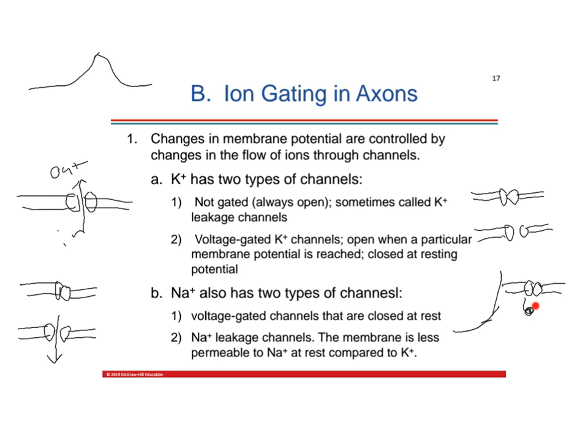It could also be closed in a second way, which is that the activation gate could actually be open, but if this inactivation gate moves into place, it'll also block the channel and make it closed. So sodium channels are definitely a little more complex. So what happens? Well, we would start off with a resting membrane potential with a cell. Whoops, let's go back to drawing.